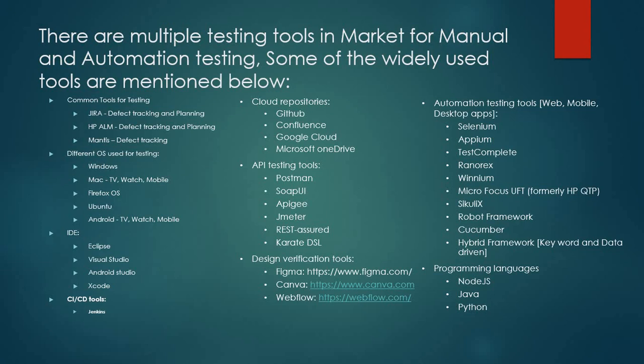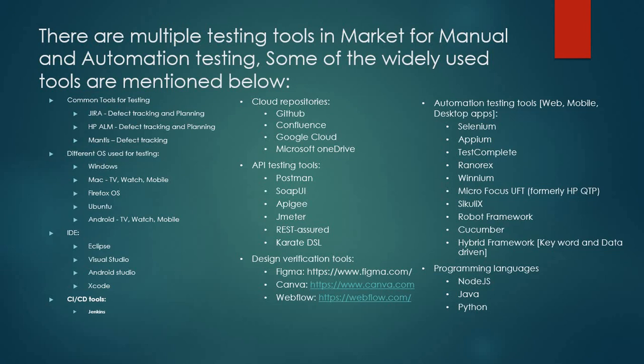And moving to the next one, design verification tools. Why is design verification very important? When you consider any application testing, there should be something which you are comparing with. That comparison is against the design which the UI developer has used to show this is the workflow or this is the way it should be developed.